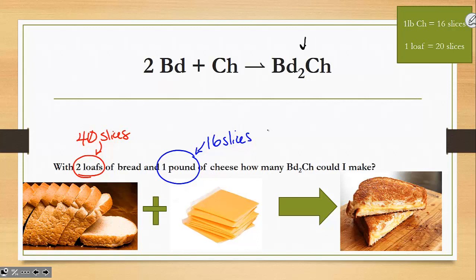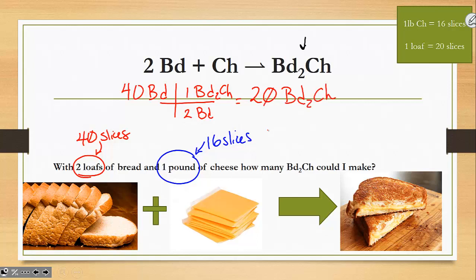When you do a limiting reagent problem, you kind of have to look at each one individually. With 40 pieces of bread, in the ratio of bread to grilled cheese, I could make 20 grilled cheeses.